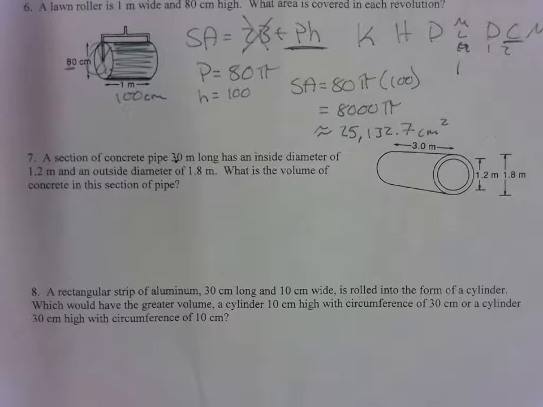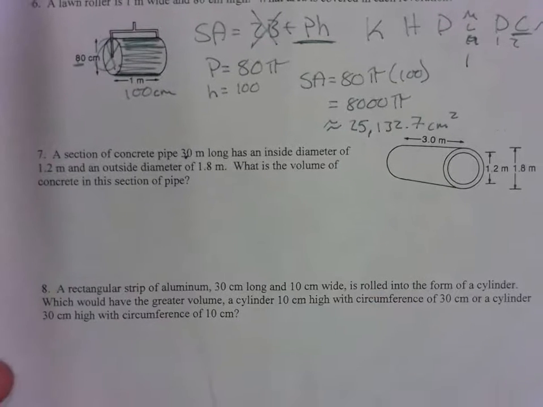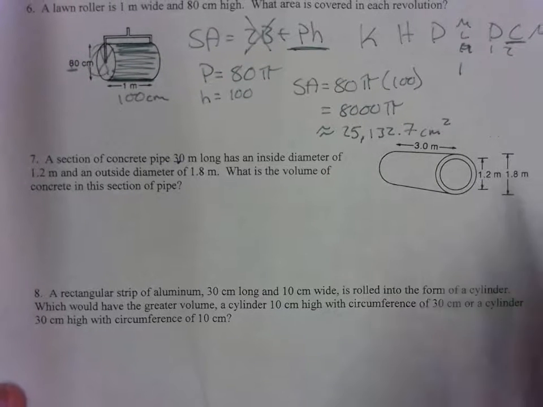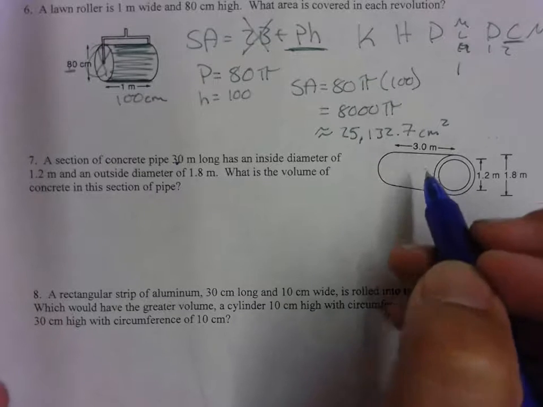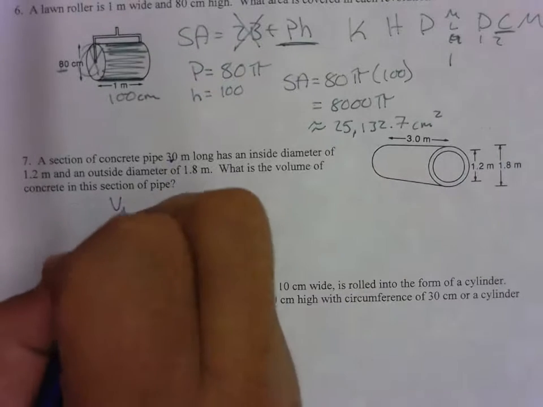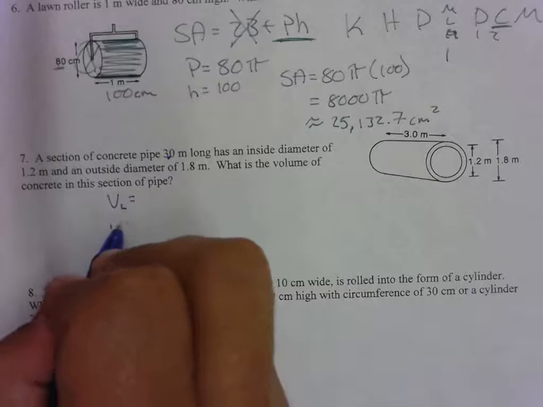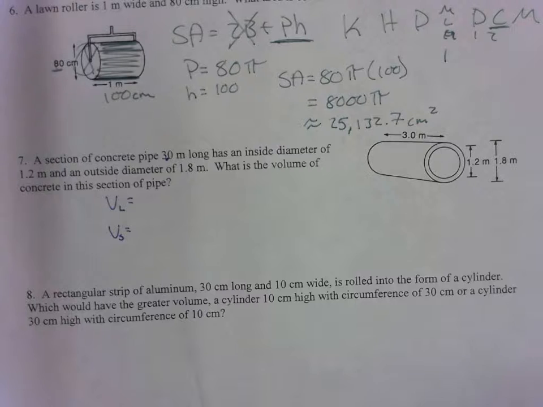A section of concrete pipe is 3.0 meters long and has an inside diameter of 1.2 meters and outside diameter of 1.8. What is the volume of concrete? This is a hollow pipe, which means I have to find the volume of the large pipe and subtract the volume of the small cylinder.